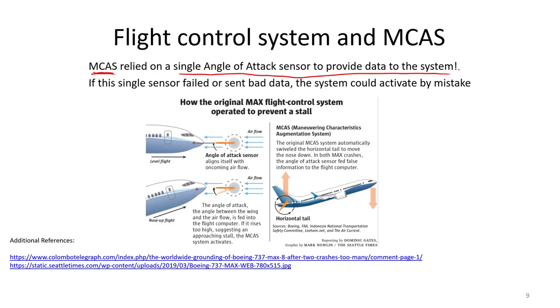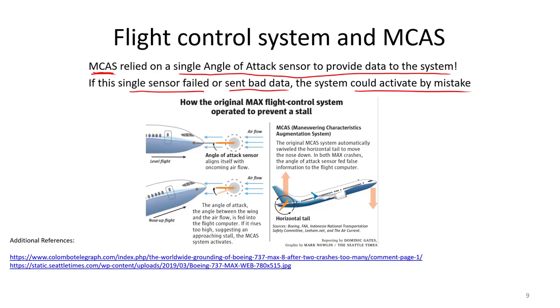But here's the problem. We were relying on just one sensor to provide data to the system. And if that single sensor failed or sent bad data to the system, that MCAS system could activate by mistake.